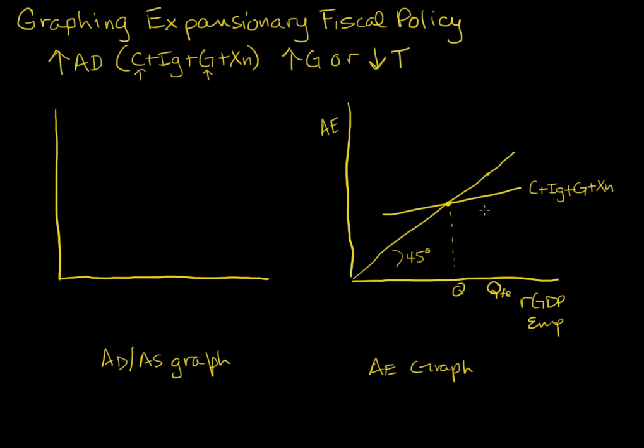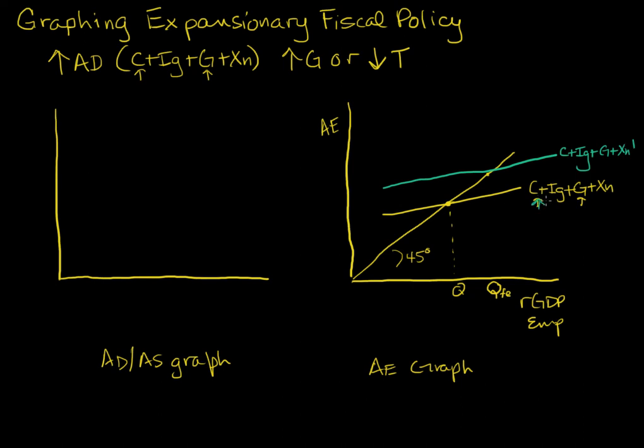And so by increasing government spending, we're going to boost G. By decreasing taxes, we're going to boost C. And let me just switch colors here quick. So by doing that, we increase our aggregate expenditures. I'm still learning how to use this pen, so please bear with me.